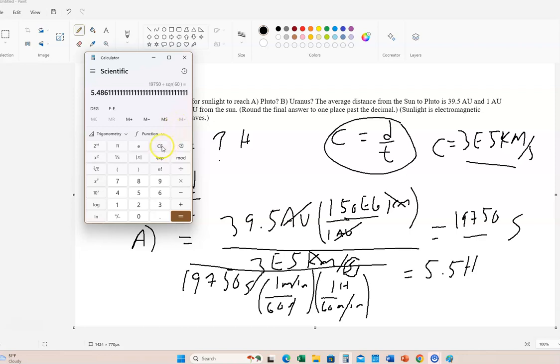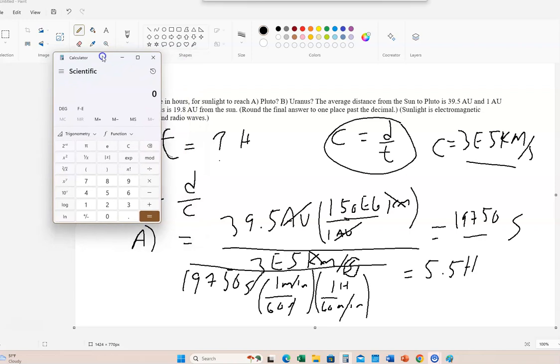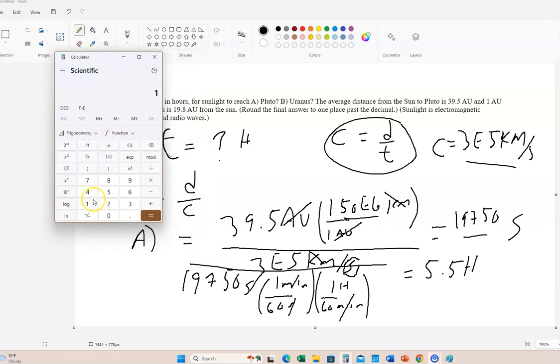Uranus is closer. All right, so let's clear that. Let's see, what was it again? Oh yeah, 19.8. All right, so times what one astronomical unit is, 150 times 10 to the 6th. That's the distance that it travels divided by the speed of light, 3 times 10 to the 5th.